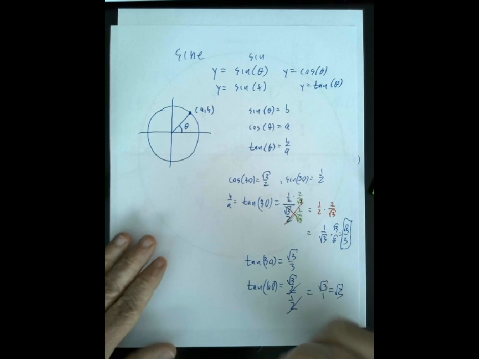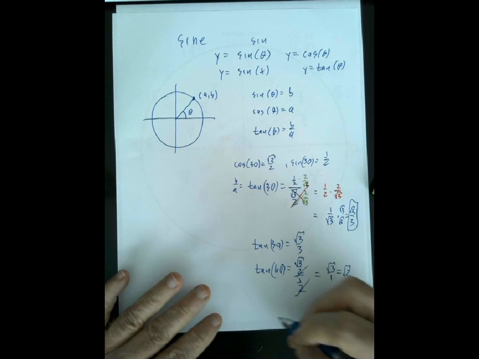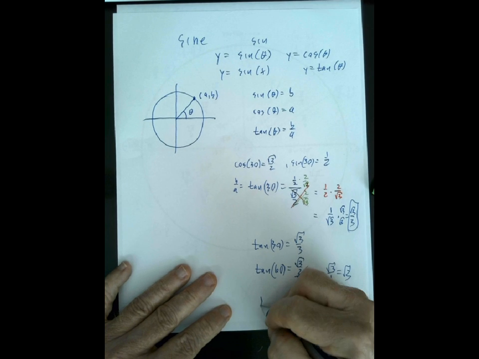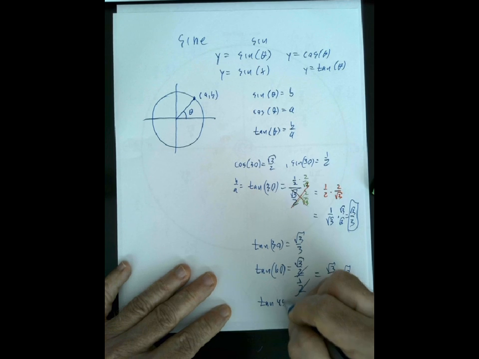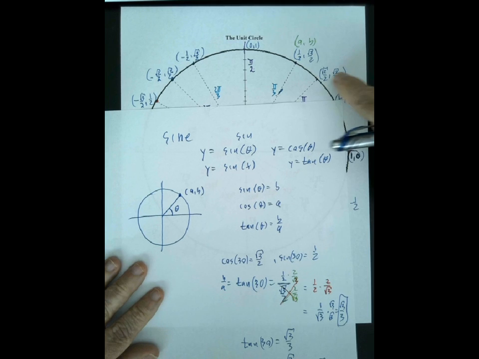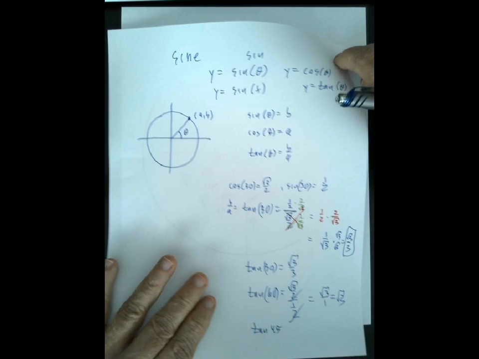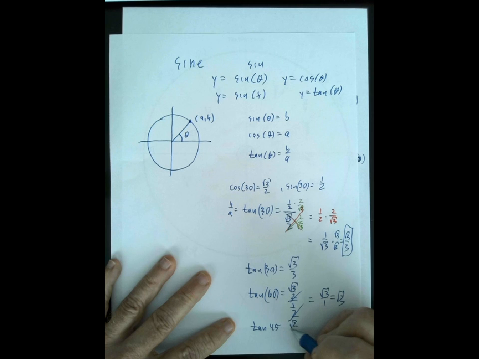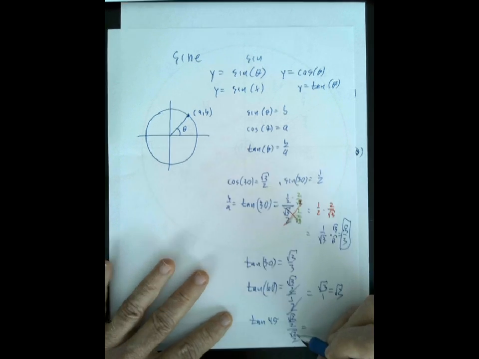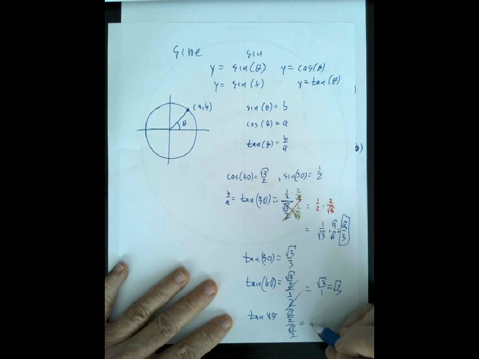Okay? And now for tangent of 45, at 45, the a and the b are the same. Tan 45 is rad 2 over 2 divided by rad 2 over 2, and those both cancel out and we get 1.